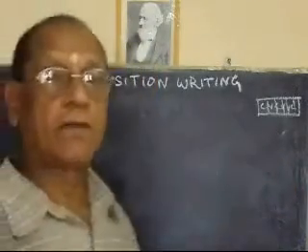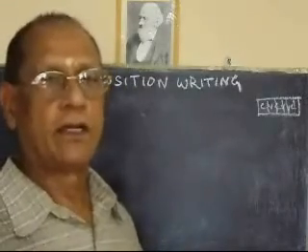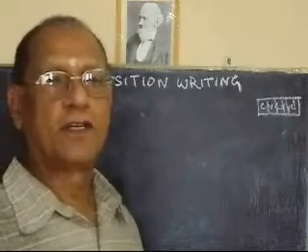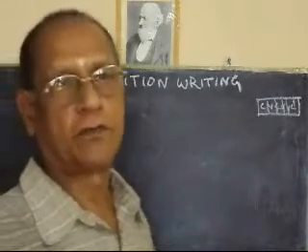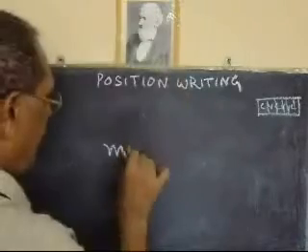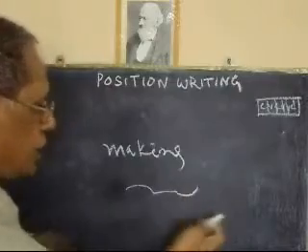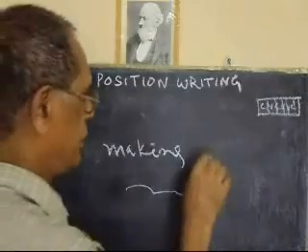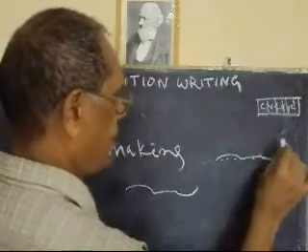If the word consists of all horizontals, suppose there is no upstroke or downstroke, then the first horizontal stroke should be written either in first position or the second position. For example, making, suppose. Here, M, K, N. All the three are horizontals. Making.